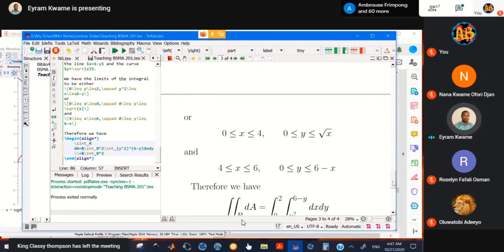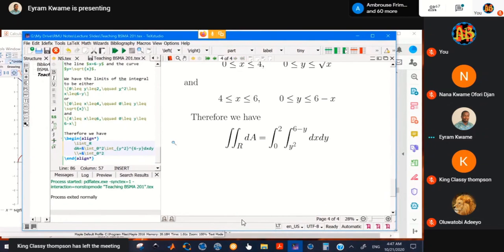And then I have the function. So if I do this, I have the function with bracket 6 minus y squared dy. Perfect.